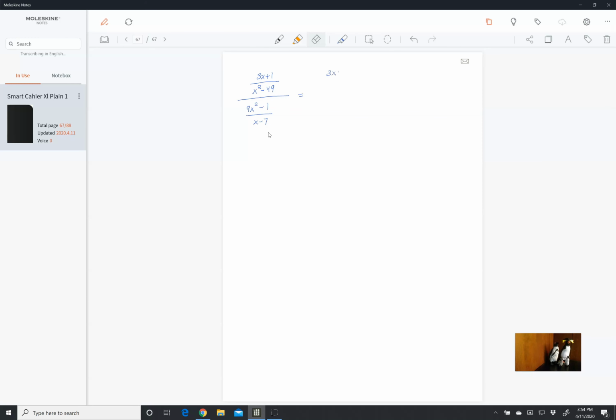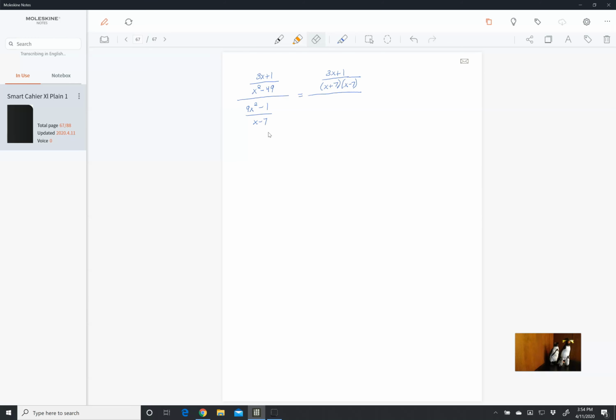We have 3x plus 1. And x squared minus 49 is a difference of squares. It's x plus 7 times x minus 7. And we could factor here, or we could factor in the next step. We could switch this step with the next one. That would be fine.